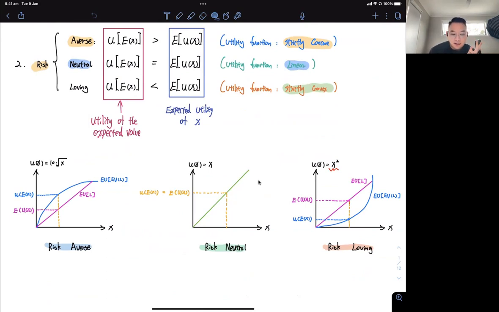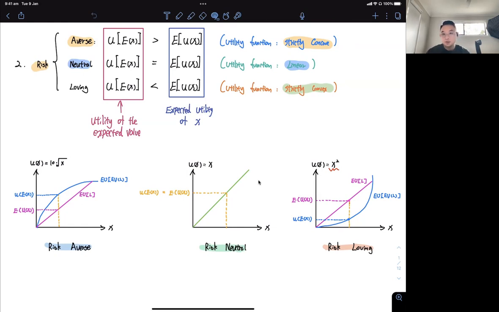For example, we can have the utility function as 10 times square root of X, because we know the square root function is a concave function. As for the purple line, that's the expected utility of the outcome itself. And as you can see, for a given X, the utility of expected value, which is on the blue line, is higher than the expected utility, which is on the purple line.